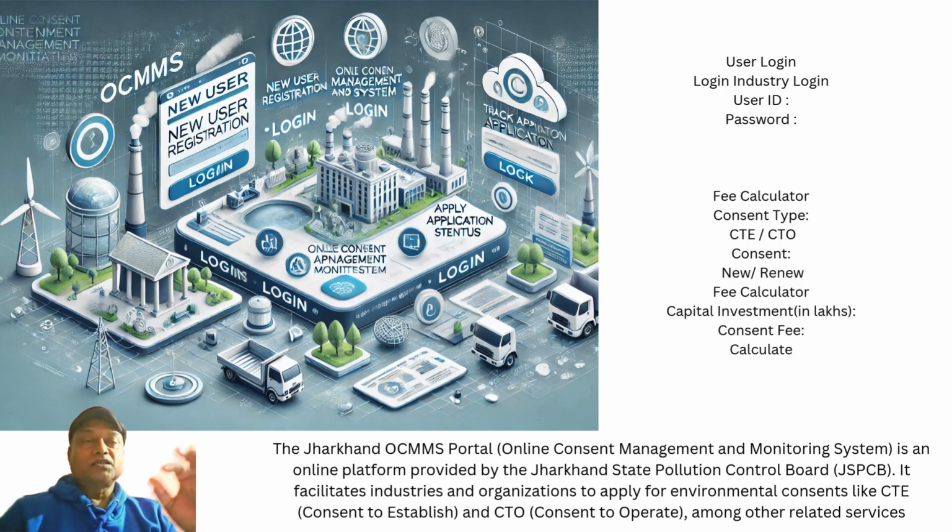And the compliance report of the CTE conditions, water and air analysis reports from a certified lab, details of the effluent treatment plant ETP if applicable, hazardous waste disposal agreements if applicable, and environmental clearance certificate if applicable, because some of the industries are required to obtain prior environmental clearances and then they have to apply for the CTO.